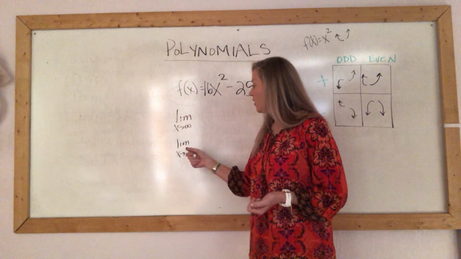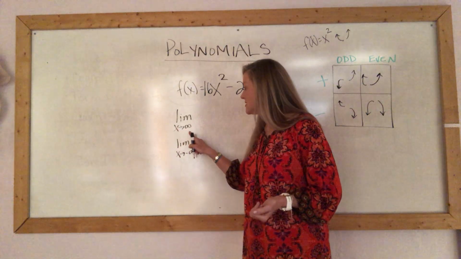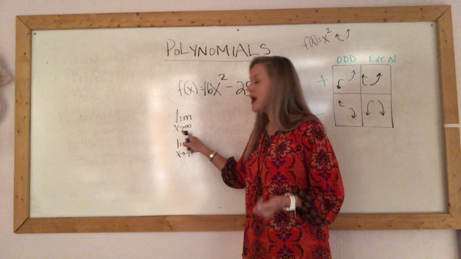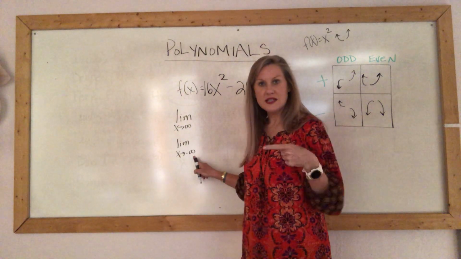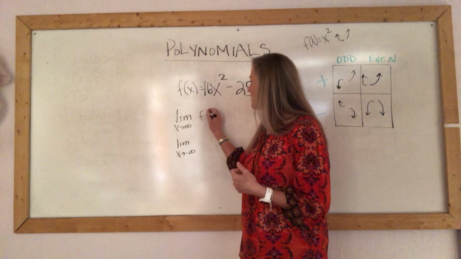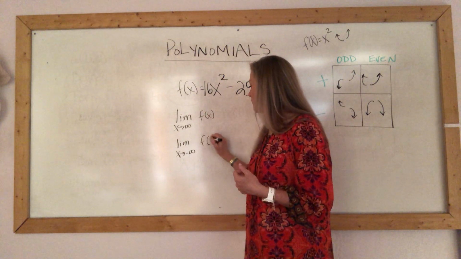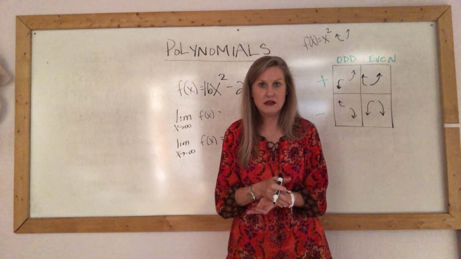So when you are evaluating end behavior, you will always say, as my x's go to the right forever, or as my x's go to the left forever, what is my function doing? Where is the height of it headed?